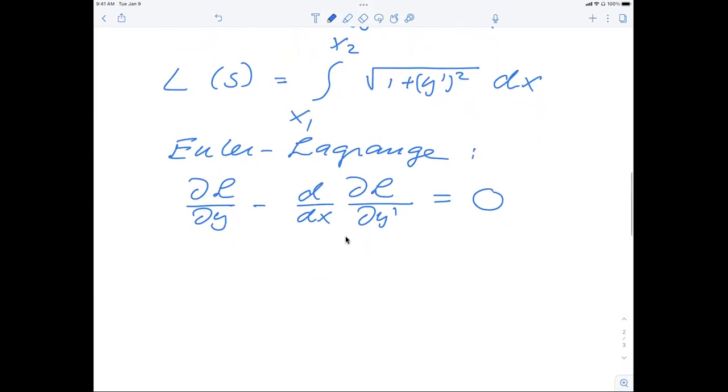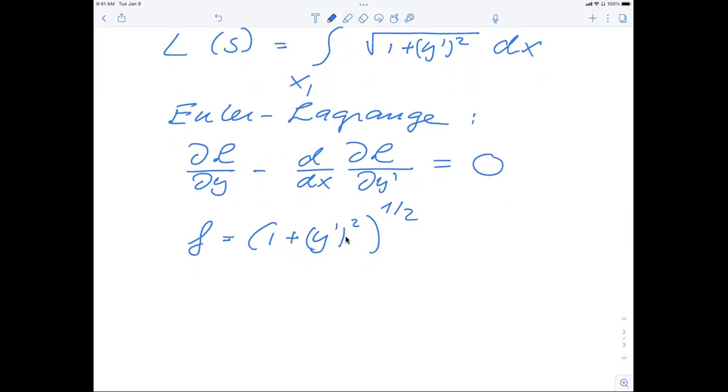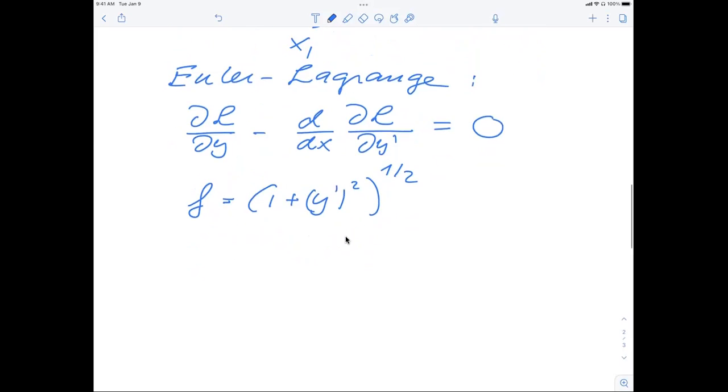When we do these calculations, let's call this function f, 1 plus the derivative of y squared, under a square root. We also note that ∂L/∂y is equal to 0.